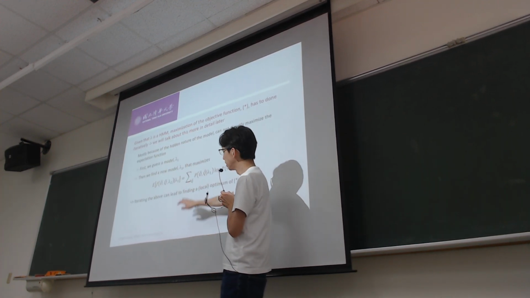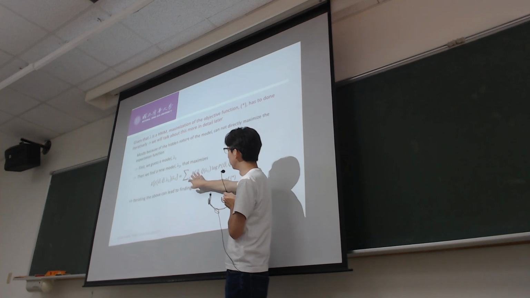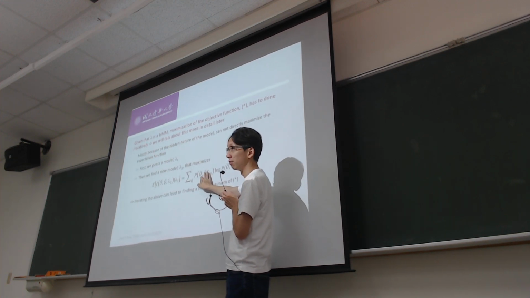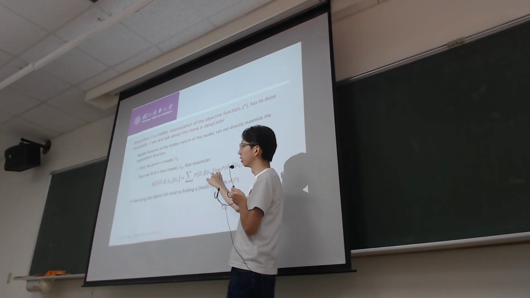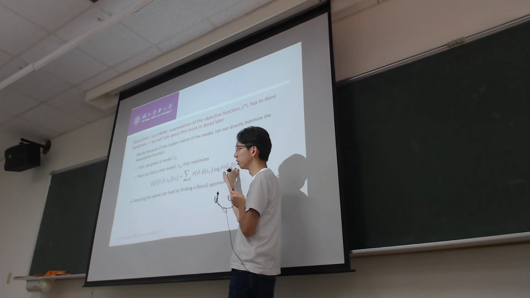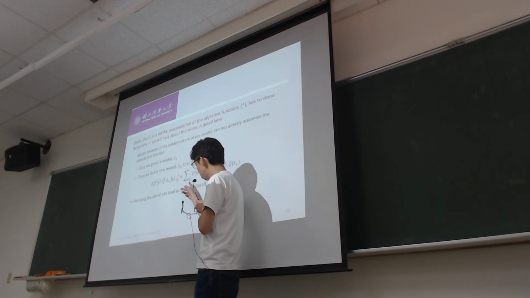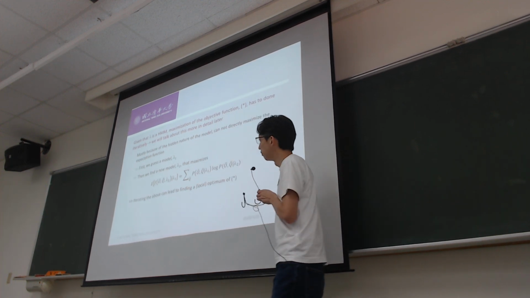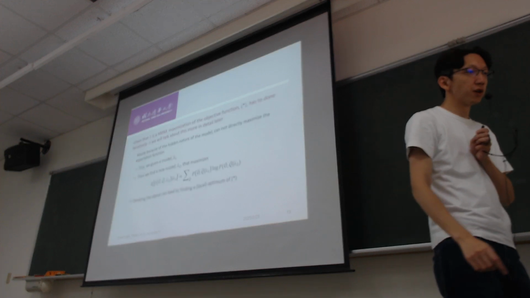So this is like an expected value operator of p of O, Q given the current model, multiplied by log of the likelihood function under the new model. Then we iterate, trying to find the local optimum of this function.